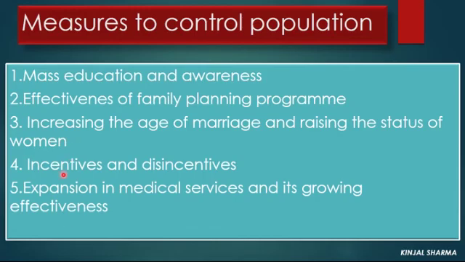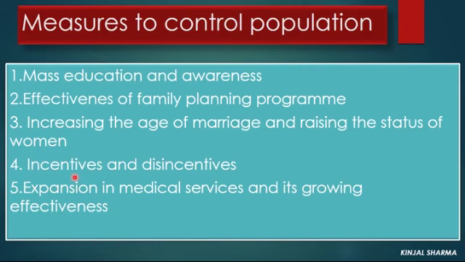Next comes incentives and disincentives. The incentives and disincentives offered by the government play a very important role in family planning. For instance, couples who undergo sterilization are given financial compensation by the government.